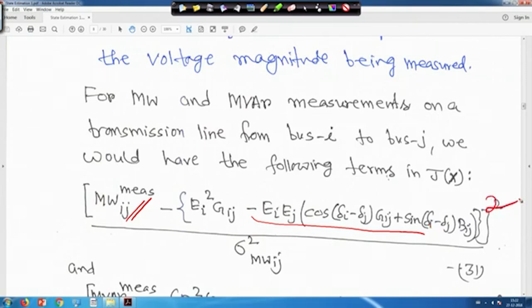Because we have to take the residue, it is divided by sigma square megawatt Ij, that is, the accuracy of the meter placed in the line Ij near bus I is also given. So that is your standard deviation, sigma square megawatt Ij. This is equation 31.